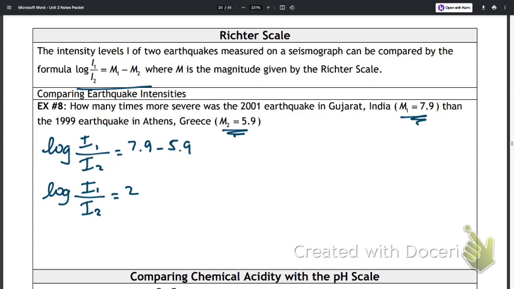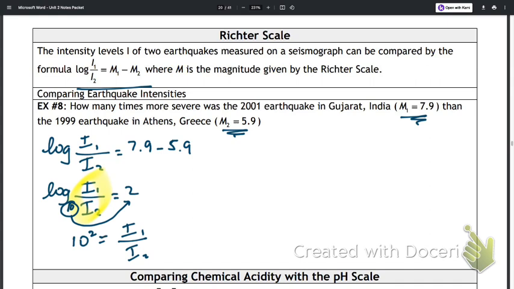Okay, so if I were going to solve this, I want to get this out of the log. The only way to get that out of the log is to convert it to an exponential equation. So right now this is understood to have a base of 10. We're going to take that base and raise it to the second power, and it will equal those intensities.